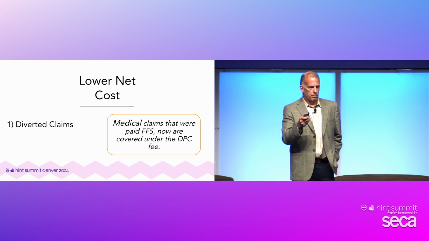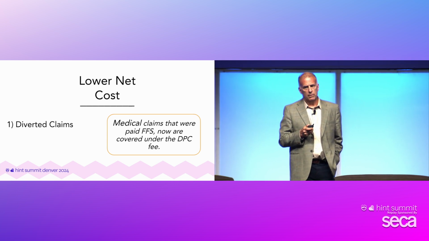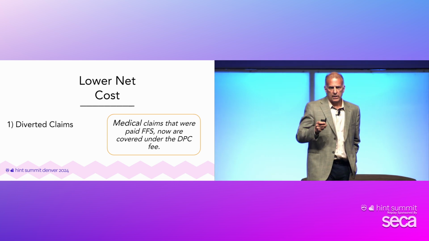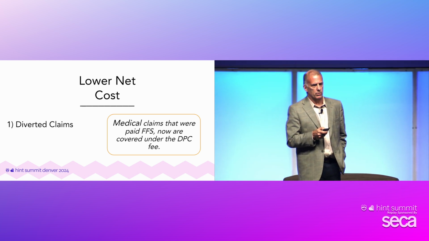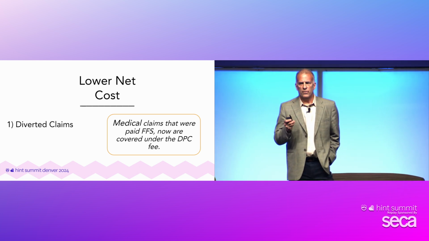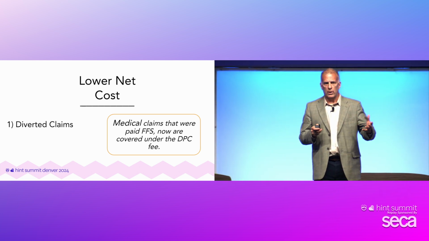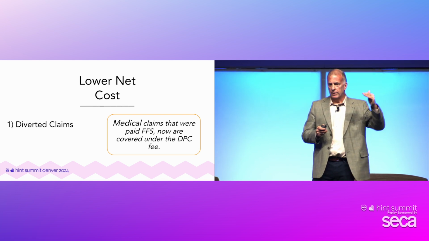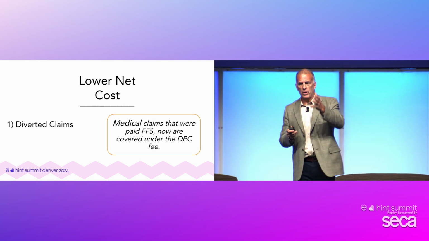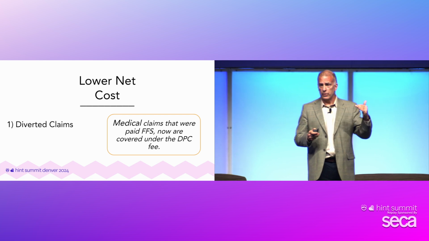But this particular point, again, as simple as it is for us, employers don't understand that. I was talking to David Pinkert just 2 days ago, and he said that he ran into an employer who thought that the $95 fee was just extra, right? It's just on top of what you're already paying, right? That there's no offsets anywhere, no diverted claims. It's just extra that you're paying on top of that.